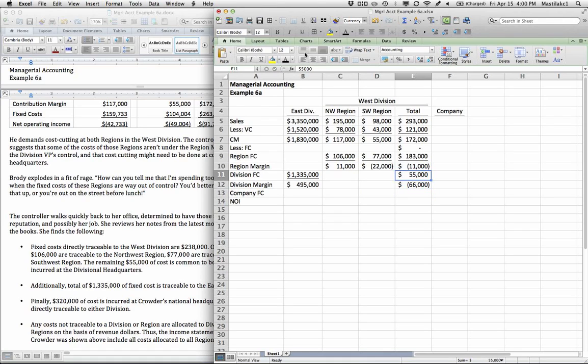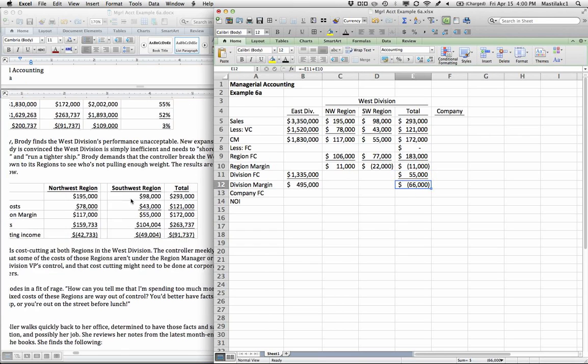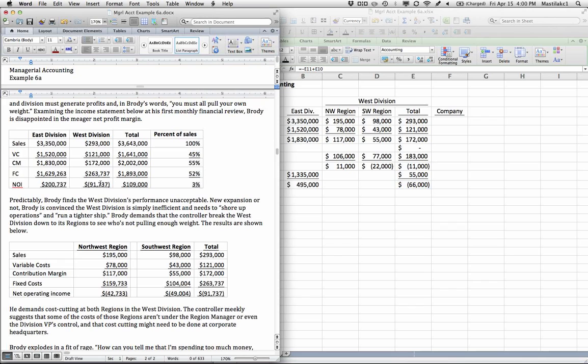We can see that the West Division is losing money. It's losing $66,000. It's not losing $91,000.